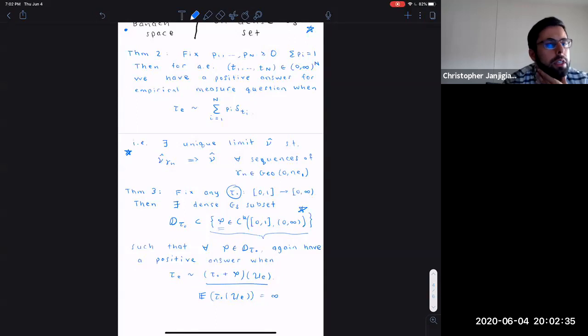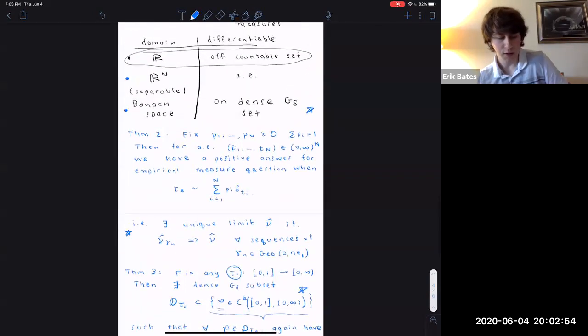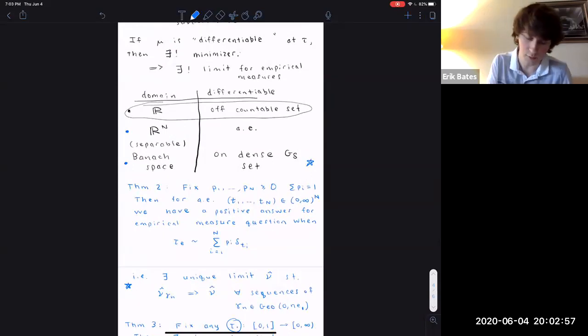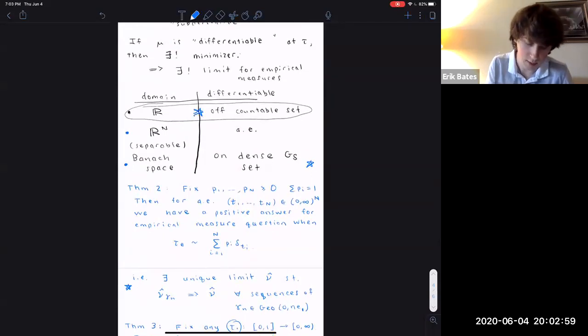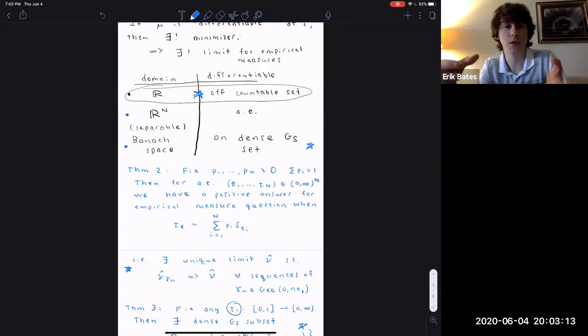So is what's important here just that this is a Banach space of measurable functions? Could you replace it with some other Banach space of non-negative measurable functions? Yeah, you could. What is important is what enables you to get convergence of the empirical measures, because there's a hidden step of how I jumped from, in the first case, just getting convergence for the length of this result to, in the second and third cases, getting convergence for the empirical measure. The jump is given by choosing a space of functions such that the functions separate measures on 0, 1.